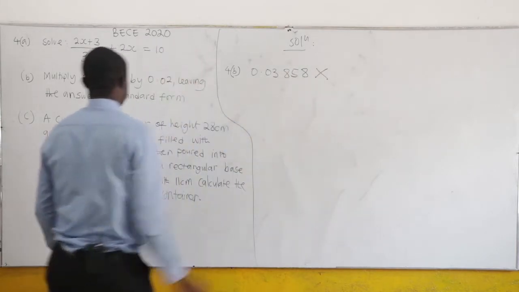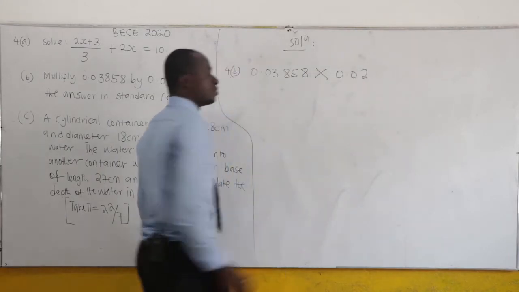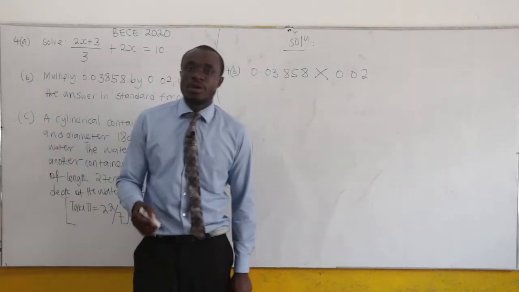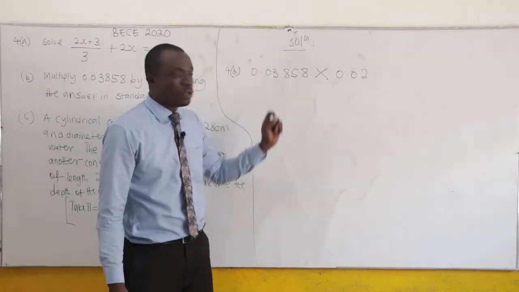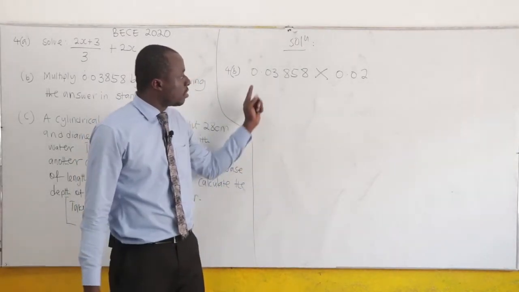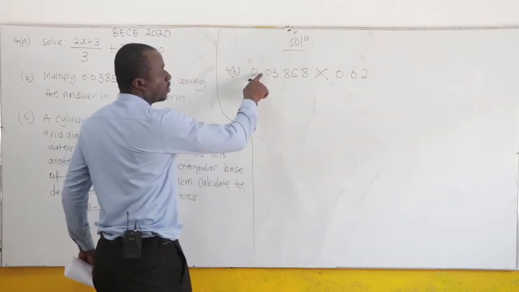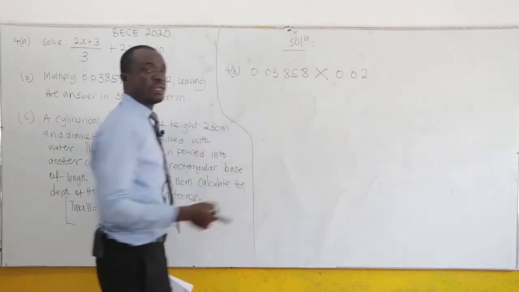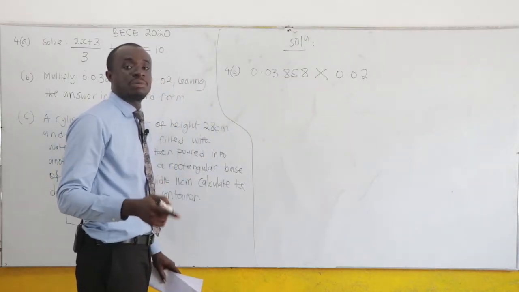So we should multiply by 0.02, leaving our answer in standard form. So first, all that we are supposed to do is change all these decimals to whole numbers. So first, we know that when we move rightward, the power becomes negative, and when we move leftward, the power becomes positive.